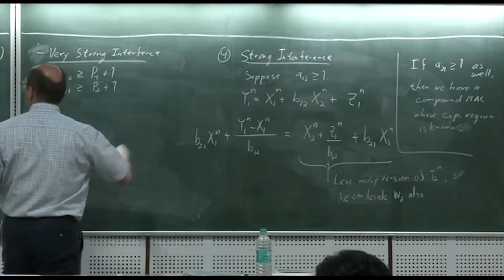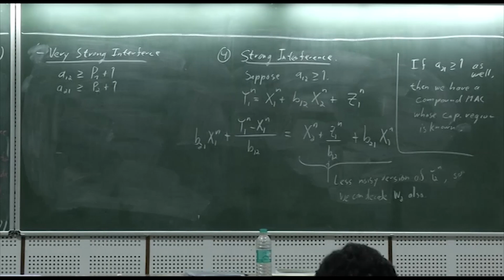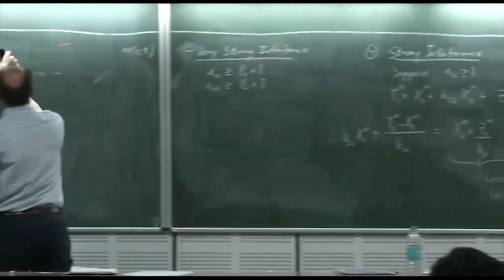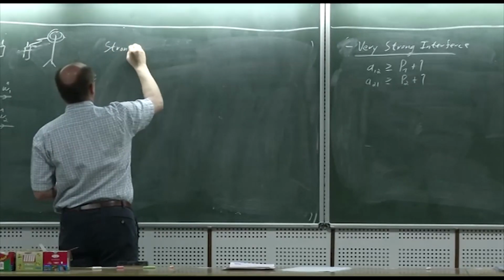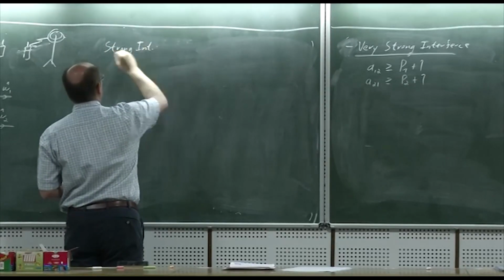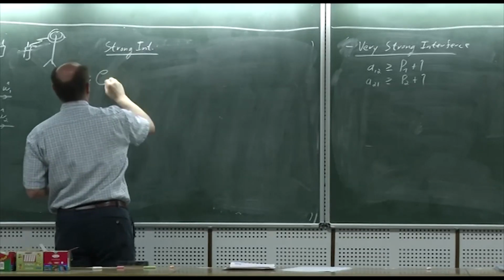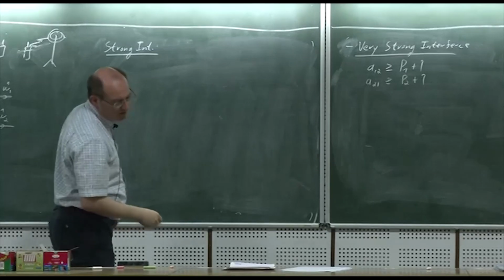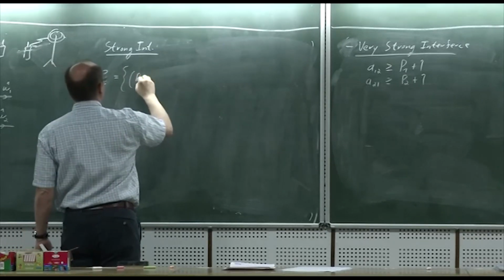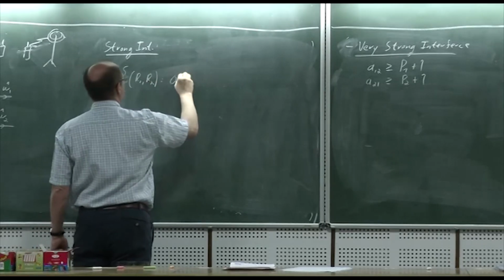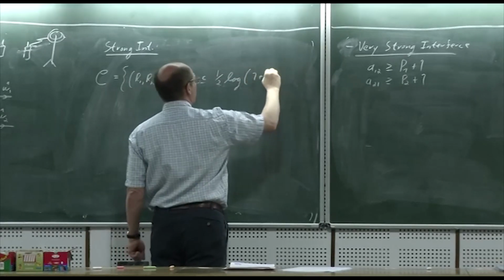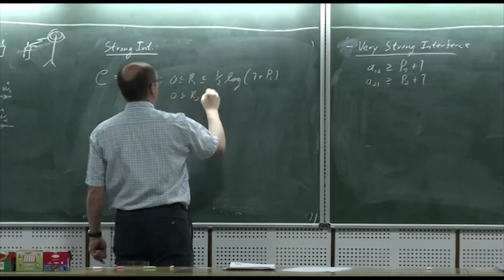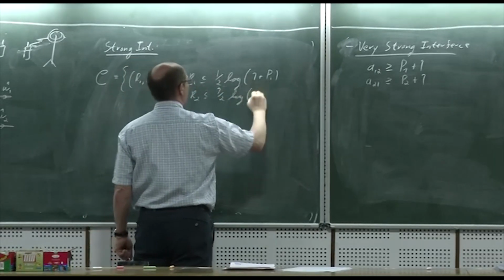So here, maybe I can write out the capacity region. For the strong interference case, for the Gaussian case, the capacity region is equal to the set of R1, R2 such that 0 less than or equal to R1 less than or equal to 1/2 log of 1 plus P1, of course, and 0 less than or equal to R2 less than or equal to 1/2 log of 1 plus P2.